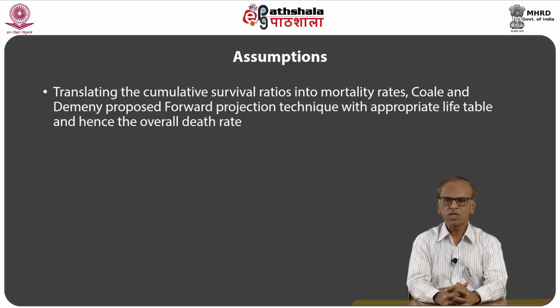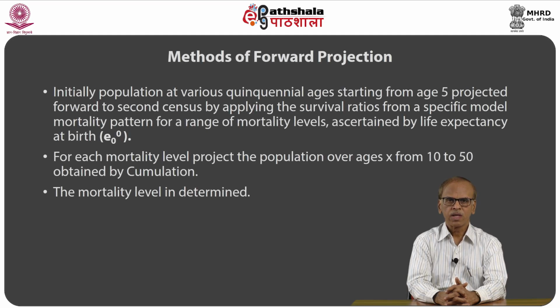Translating the cumulative survival ratios into mortality rates, Coale and Demeny proposed the forward projection technique with appropriate life table and hence the overall death rate. Method of forward projection.